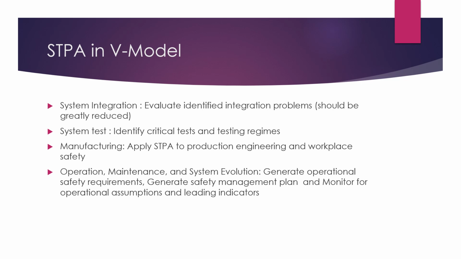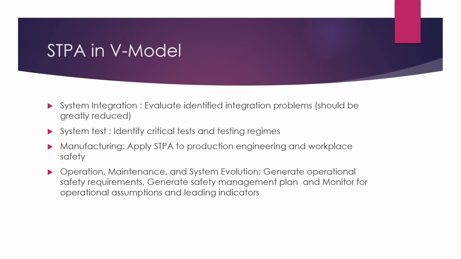Okay, the next thing is manufacturing. In manufacturing also, you will get to know what things we are going to provide for the production line, and the workplace safety also, the operations, maintenance and system evaluation. Here we use STPA to generate operational safety requirements, generate a safety management plan, and monitor for operational assumptions and leading indicators.